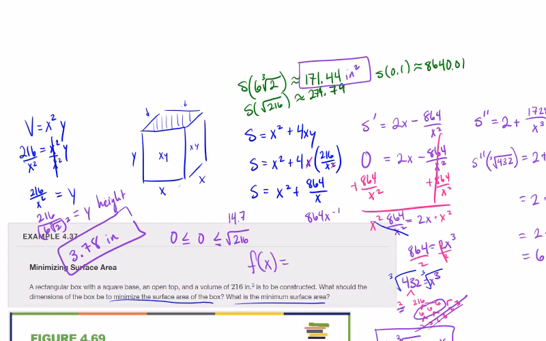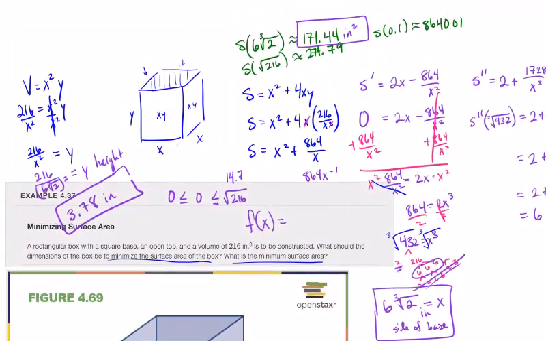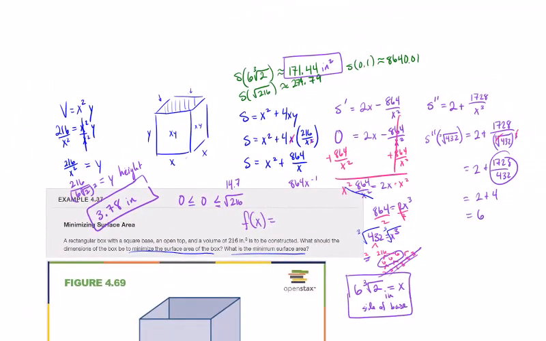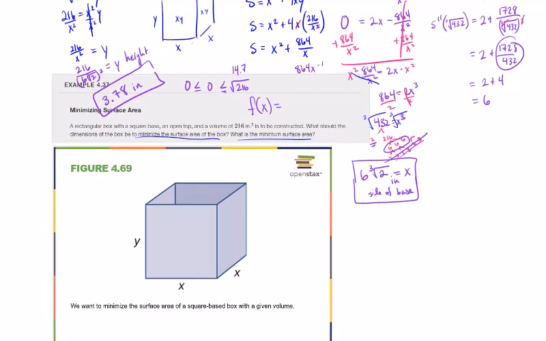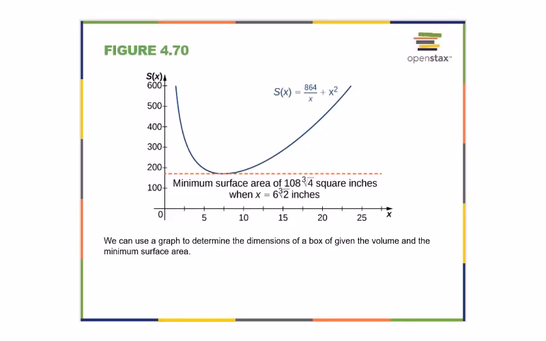Cool. So that gives us all of our dimensions here, and our minimized surface area, right? Yeah. So here's the box. They actually calculated the exact value of that.